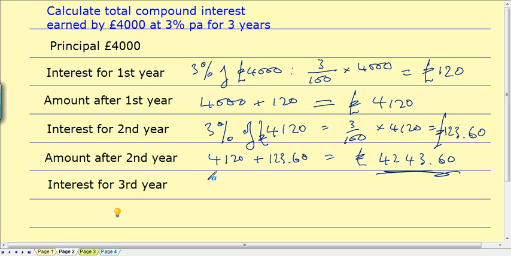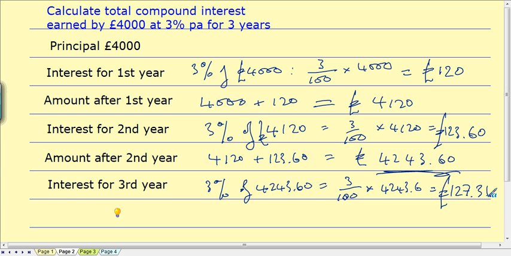So it's 3% of 4,243.60, which again is 3 over 100, or 0.03, times 4,243.6, which gives us interest in the third year of £127.31.